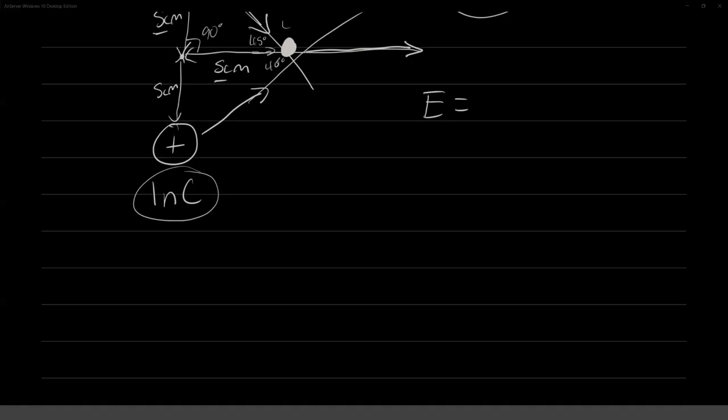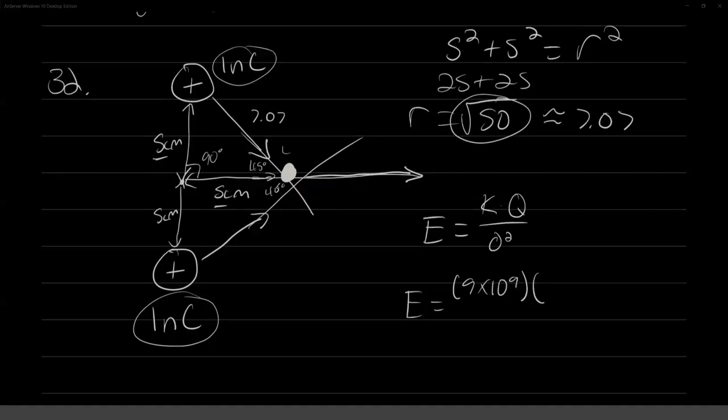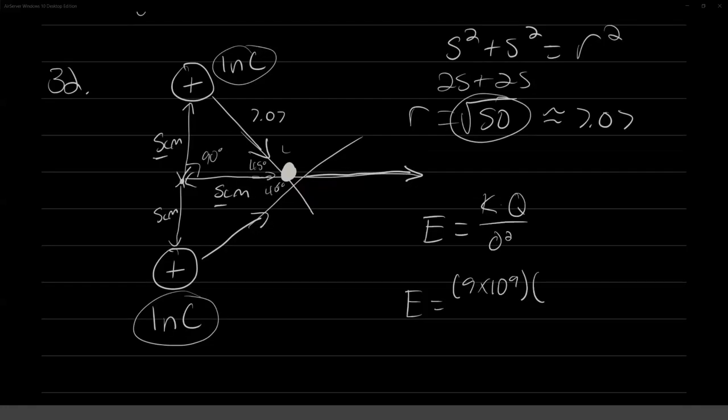So E equals K times Q over distance squared, right? So we could do E equals 9 times 10 to the 9th times, well, let's just figure out this one for now, and then we'll have to add them together to figure out the total amount of force coming out the other side.